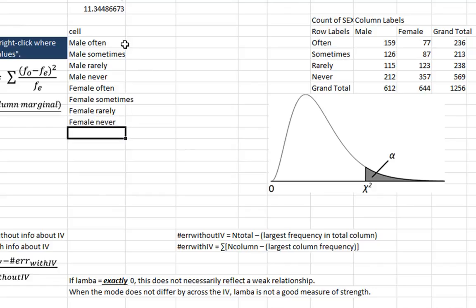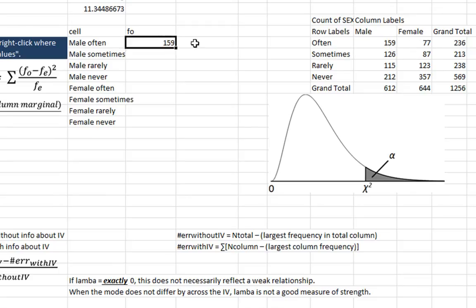So a lot of the work is out of the way, just making sure that we've matched up each of these cells. So the number of males that were spanked often, this is going to be our frequency that's actually observed in our sample. Our F0, for the frequency of observed people, is just going to be the number of males who were spanked often. Enter.